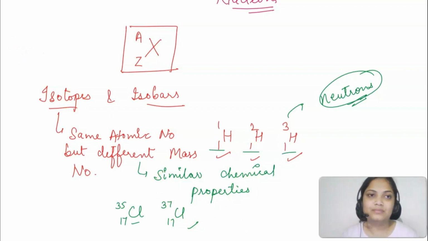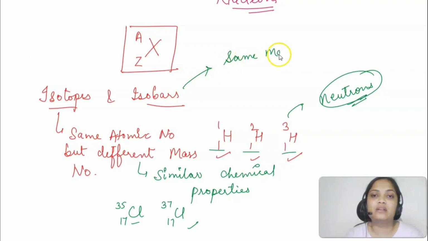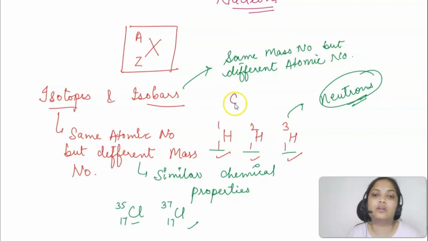Okay. Now if I talk about the isobars, so that will be opposite. They will be having same mass number, okay, but different atomic number. अब अगर atomic number different है class, if the atomic number is different, means they are different species, right? For example, if I talk about carbon, so 6C14, एक carbon का isotope होता है ना with mass number 14, then you can say nitrogen's mass number is also 14.